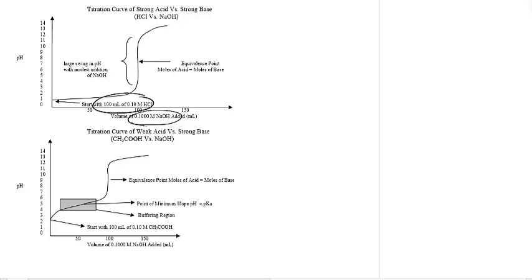So the first calculation we do is the stoichiometric calculation. In this particular calculation, we are reacting HCl with NaOH to produce H2O plus NaCl.